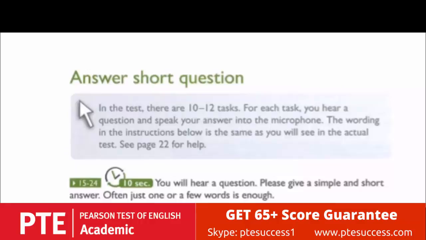Test 1. Answer short question. Page 23. 1. Which section of a train timetable will tell you what time your train leaves? Two.